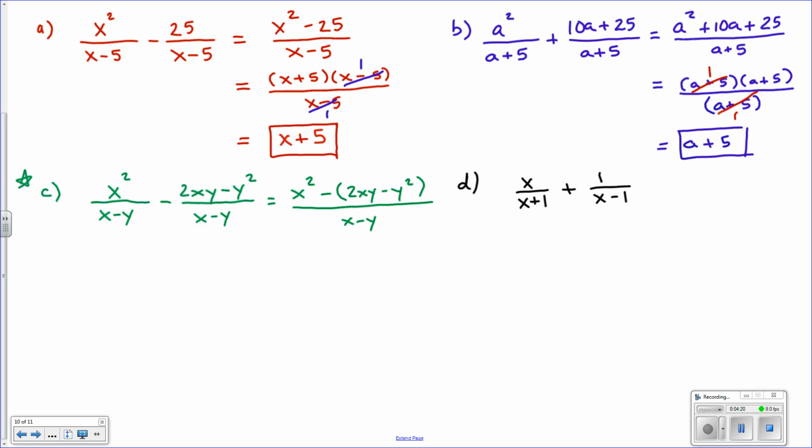So in order to simplify this, we're just going to distribute our negative through here, because we're going to take away a 2xy, and then we're going to take away a negative y squared. So x squared minus 2xy minus a negative y squared would be like saying plus y squared all over x minus y.